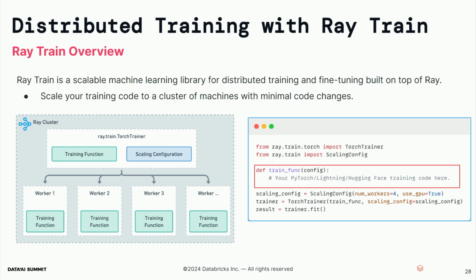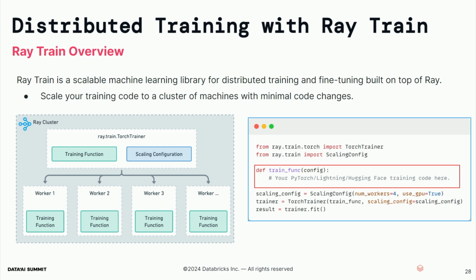Basically, you need to define your training function, which is just your normal PyTorch, Lightning, or Hugging Face training code. You also define a scaling config to specify the number of workers and number of GPUs you use for this distributed training. And then you create a TorchTrainer and call trainer.fit.